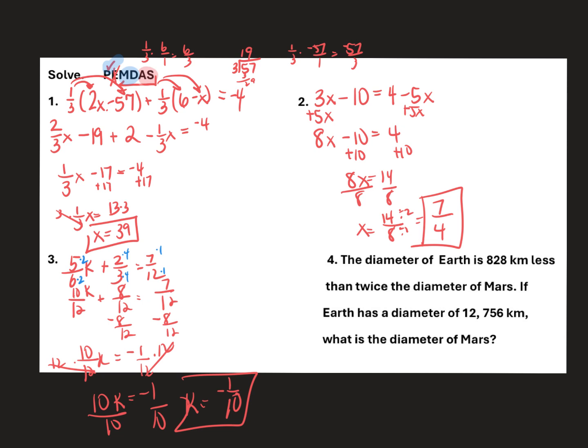Now for number 4, we have a word problem. The diameter of Earth is 828 kilometers less than twice the diameter of Mars. So D is the diameter of Mars. I'm defining my variable.